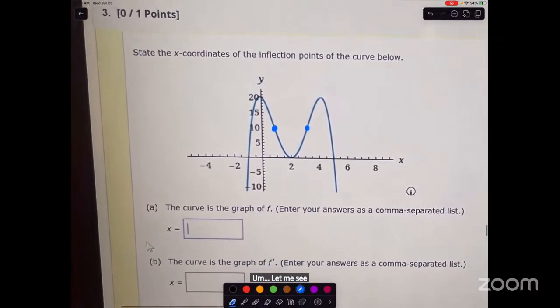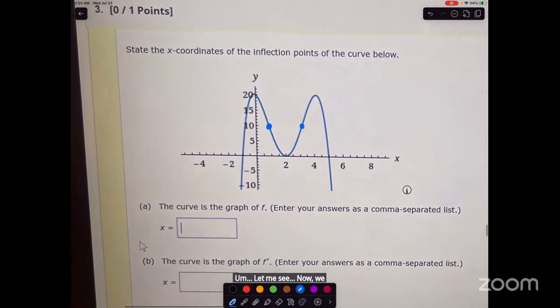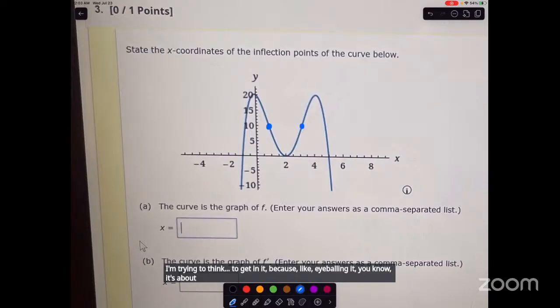Let me see. Now we could do some, I'm trying to think, because eyeballing it, it's about there. If we want to be exact, I'm not sure how in depth they want you to go, but we got our zeros, right? We got a power 4 function.